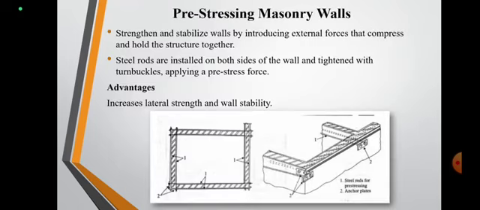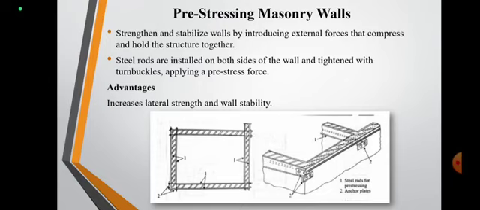Now, pre-tensioning masonry walls. The main purpose is to strengthen and stabilize walls by introducing external forces that compress and hold the structure together. It is done by using steel rods installed on both sides of the wall and tightened with turnbuckles, applying a pre-tension force. The advantage is increased lateral strength and wall stability.